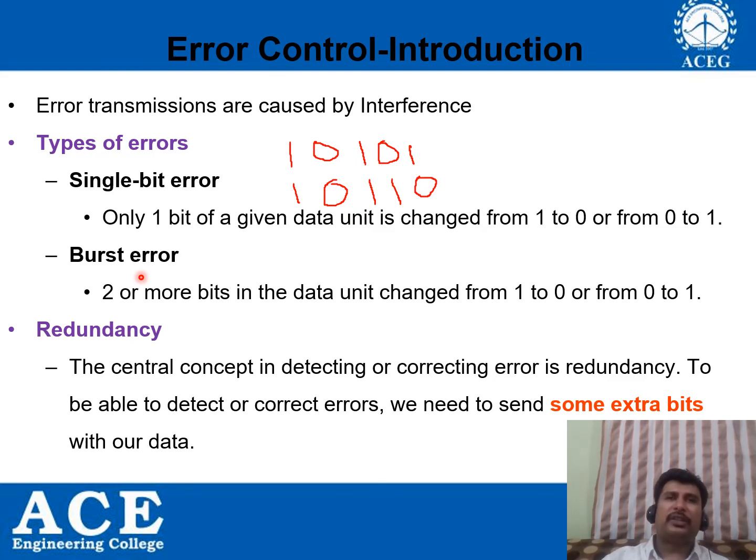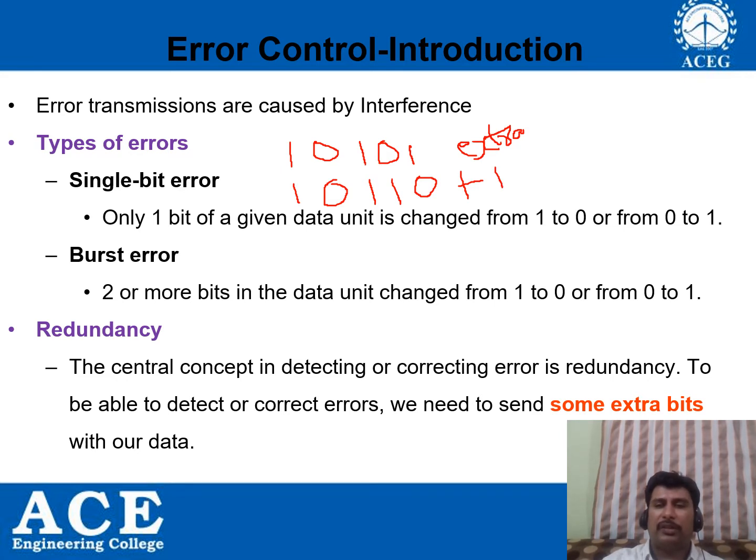Now, to overcome the errors generated in the transmission, along with the original data that has to be transmitted, we are going to add some extra bits. Along with these 5 bits, I am adding one more bit like 1.